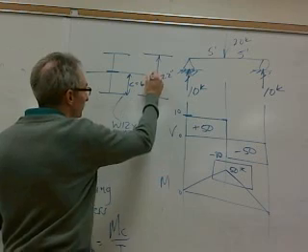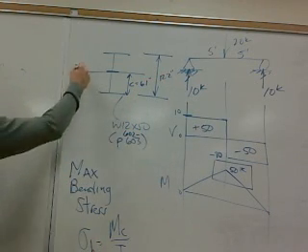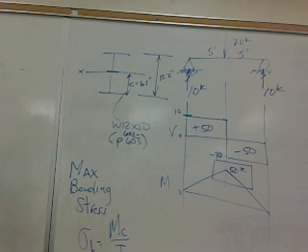Okay? The last thing that we're going to need is moment of inertia. Now again, moment of inertia about centroidal axes for standard shapes like these steel shapes in the tables are going to be given to you.